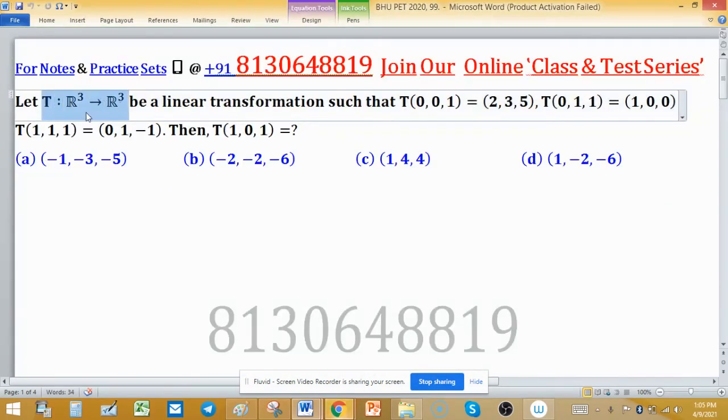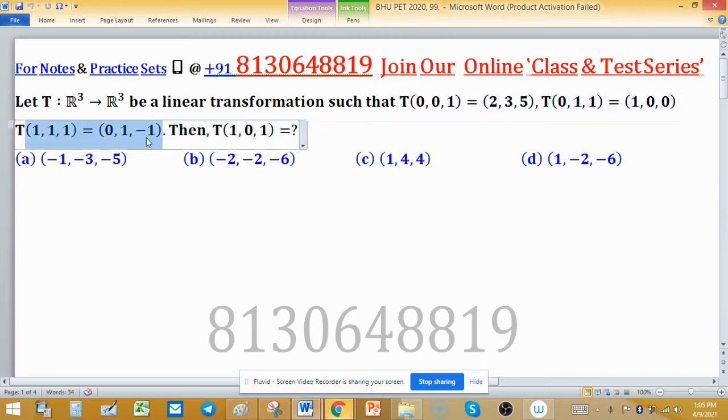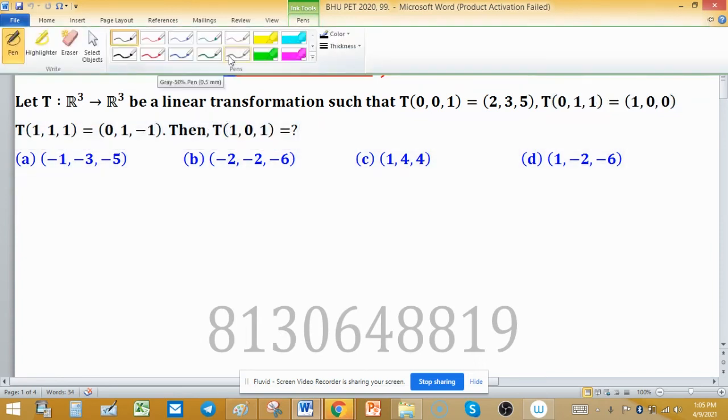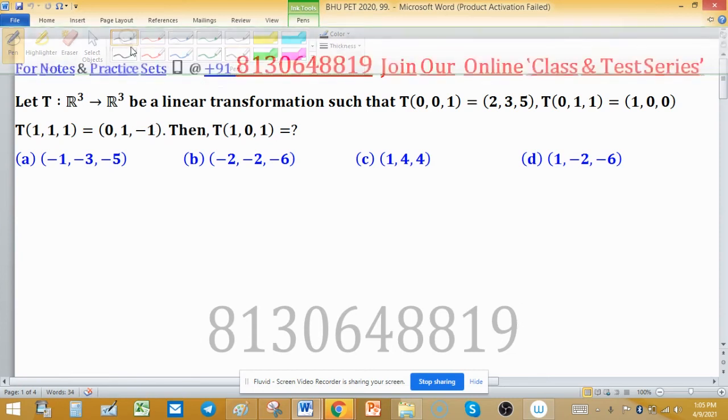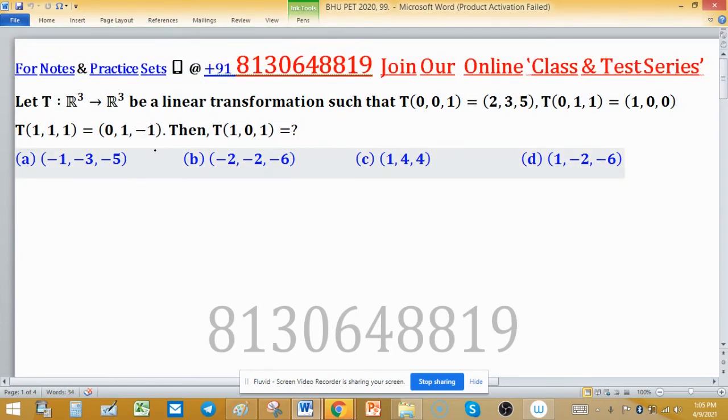Let T be a linear transformation defined from R cube to R cube such that the image of 0 0 1 under T is 2 3 5 and the image of other elements is as given. Then find the image of 1 0 1 under T. This type of question is asked many times, but it is the simplest one.